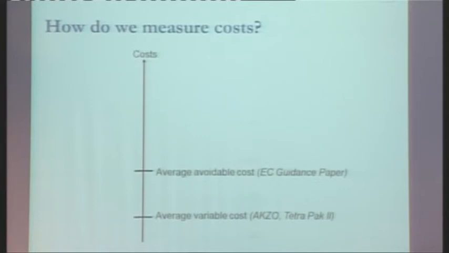So to explain the difference here, if you imagine an airline running flights, say from London to Dubrovnik, to take an example from recent personal experience, and you think about, well, what are the variable costs of running a plane service from London to Dubrovnik? Well, what are the costs that vary with one additional passenger, one additional unit of output travelling on that plane?